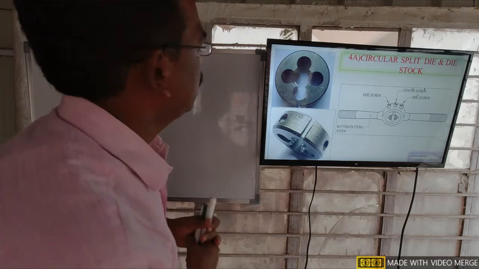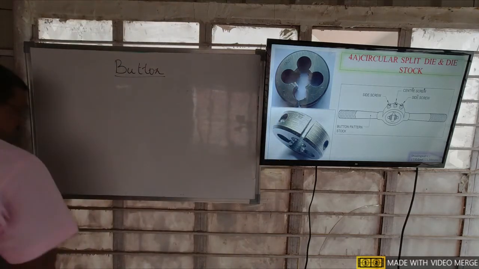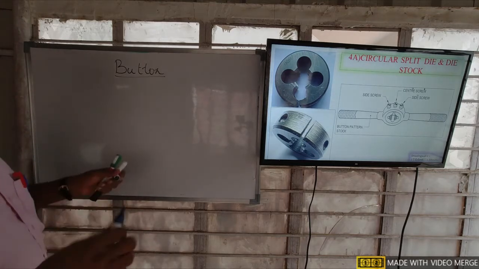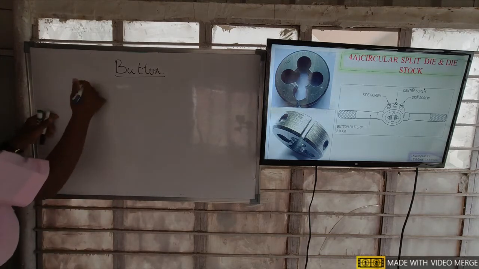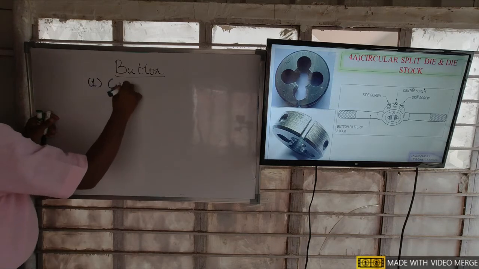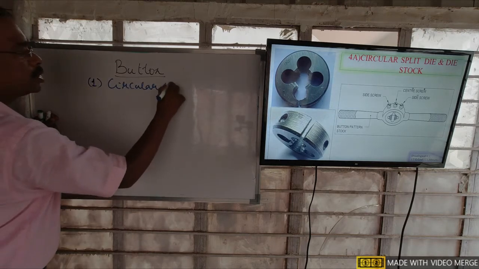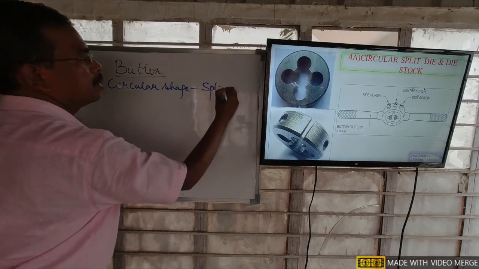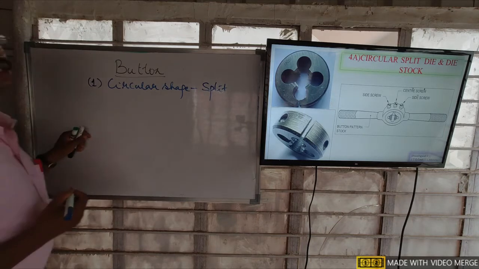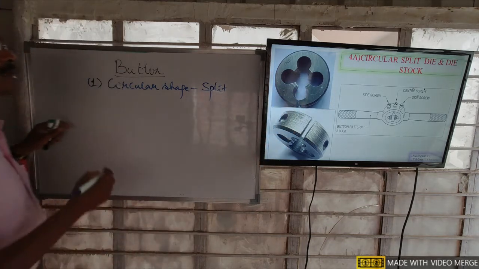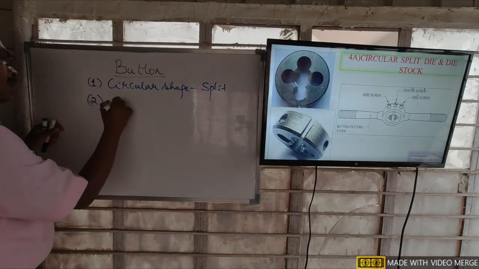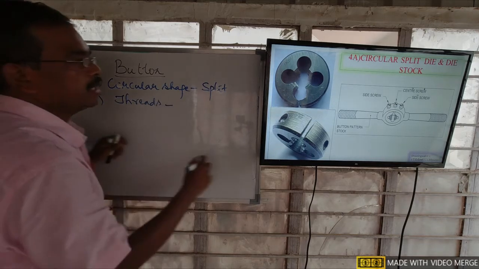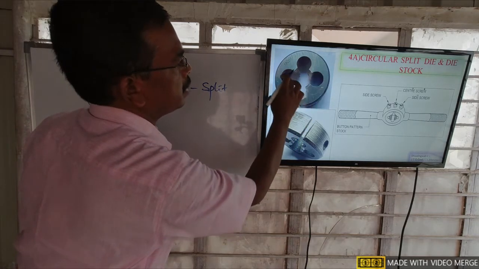Okay. So if you try to understand the constructional feature of this die, as we know already, this die is in circular shape, and also it is having a split at the center of that die at one place, and it has the threads along with the circular slots here.